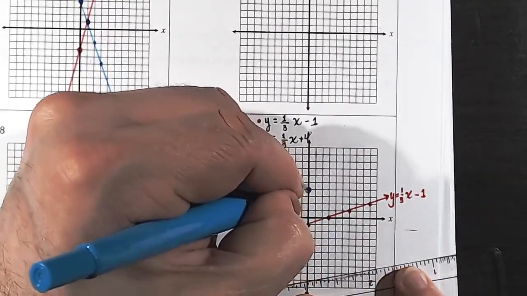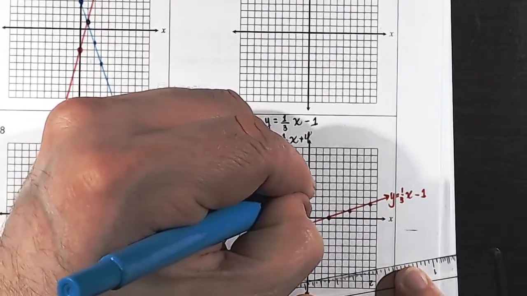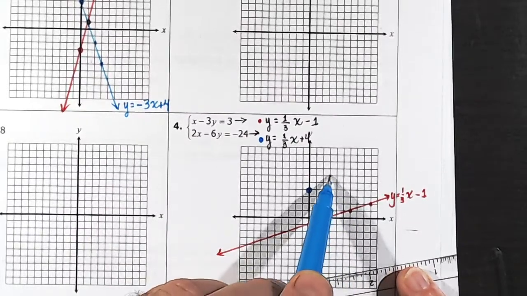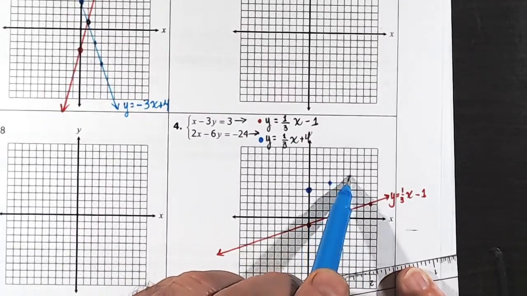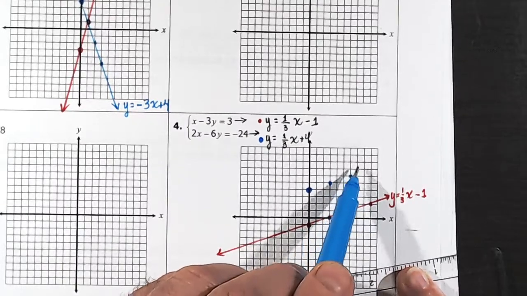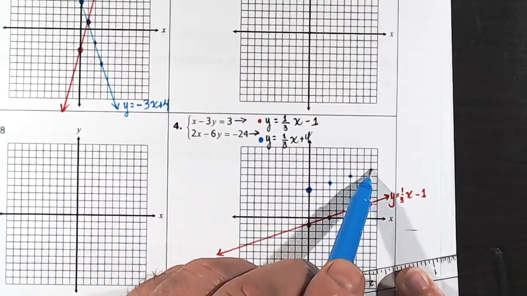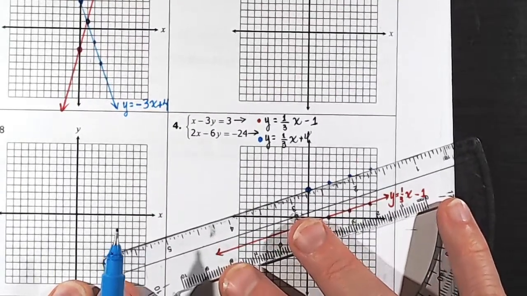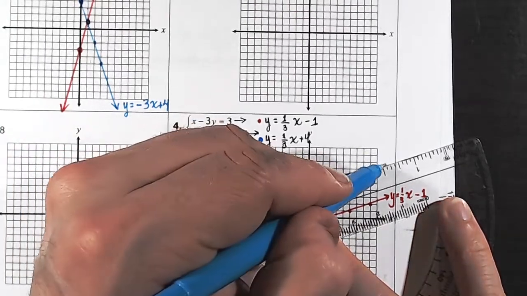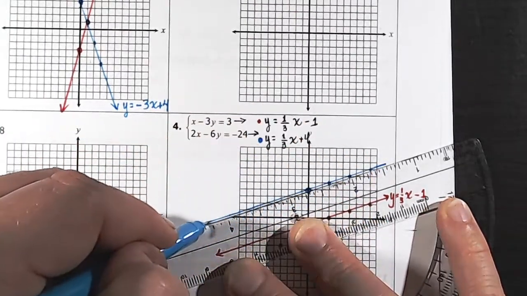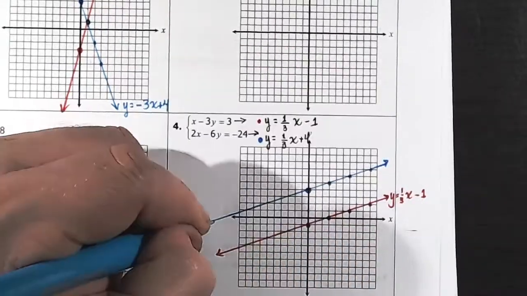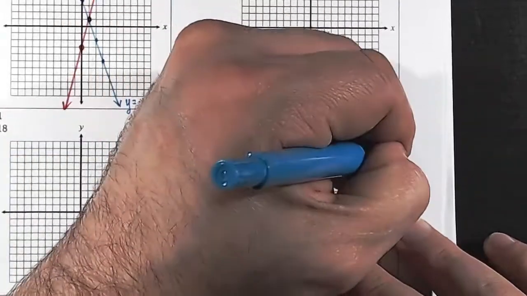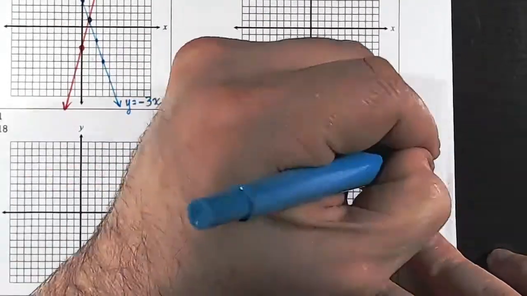And now I go up 1 over 3, up 1 over 1, 2, 3, again and again. Okay, let's connect those dots. And we see here that we do indeed have what look to be parallel lines. Let's label this one y equals 1/3 x plus 4.